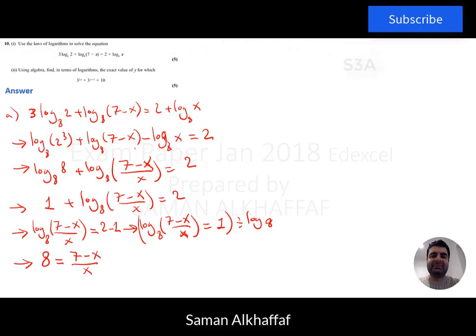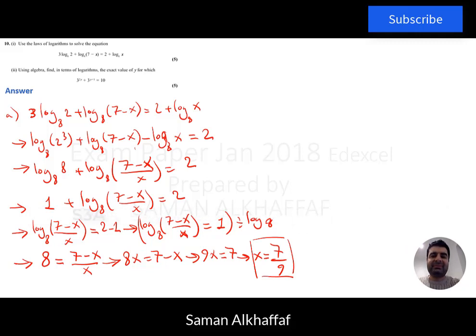Now we simplify this, so that would be 8x equals 7 minus x. And now to simplify this expression, we simply have 9x equals 7, and that gives the x value being 7 over 9. And this will be our answer for part A.